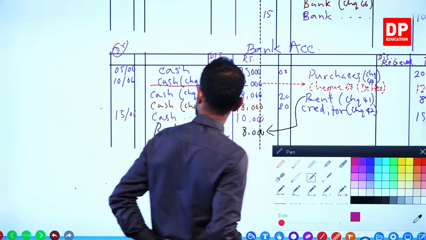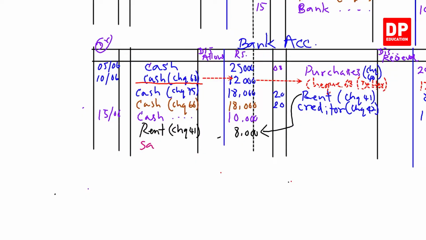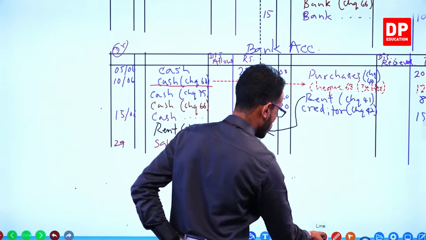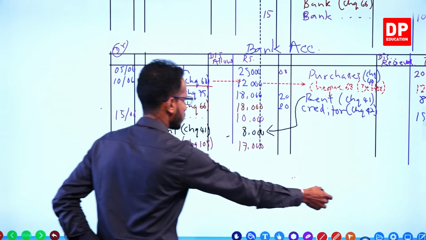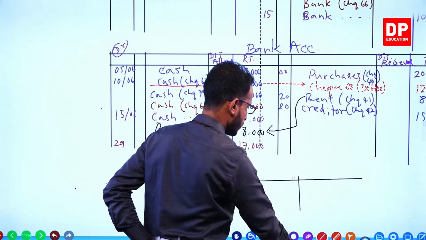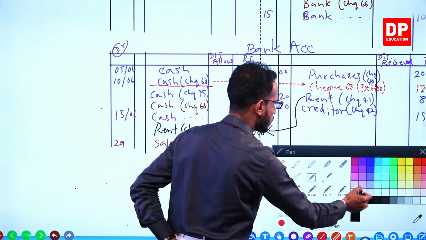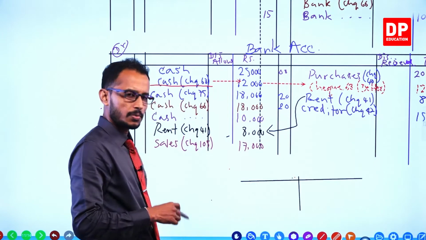Bank debit, right? Finally, we can write sales, check number 105, this is 29th of the month, 17,000, and the sales account should be credited. I'm not gonna turn the pages. I'm just gonna draw a rough sales account here, and I'm gonna credit it with 17,000.